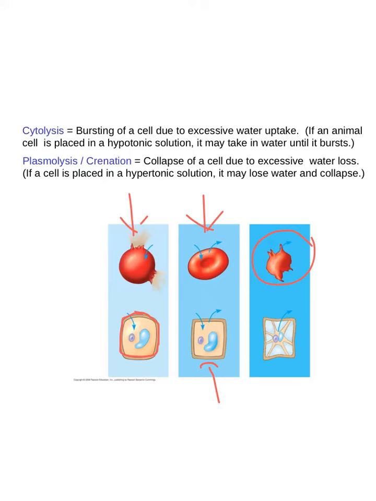Once again, a plant cell might have the same thing going on. Water will drain out of its vacuole as it loses water. It might even have its cell membrane peel off the cell wall, and you'll have this internal collapse. But the cell walls will still remain on the outside.